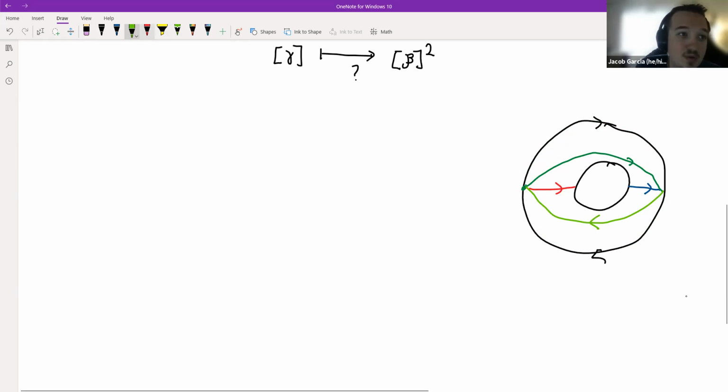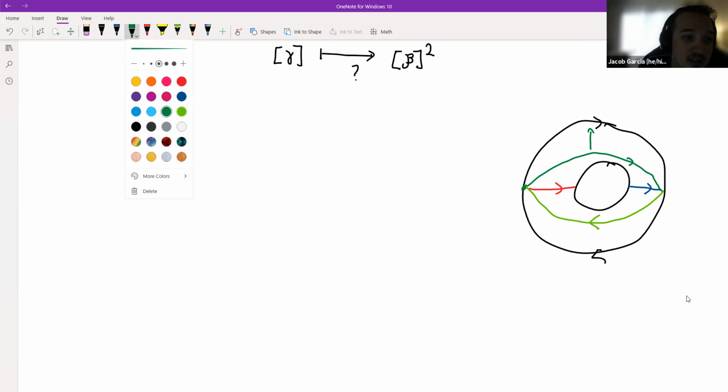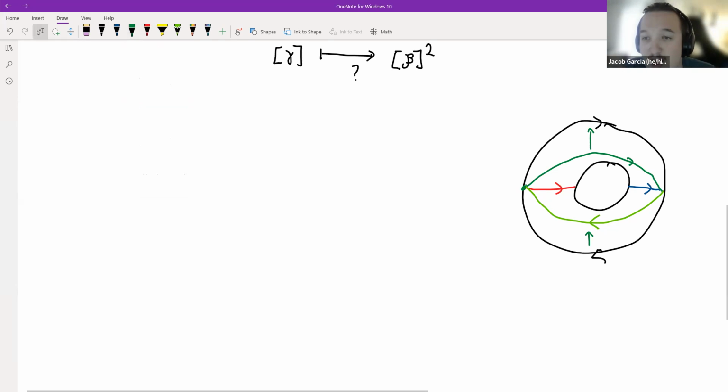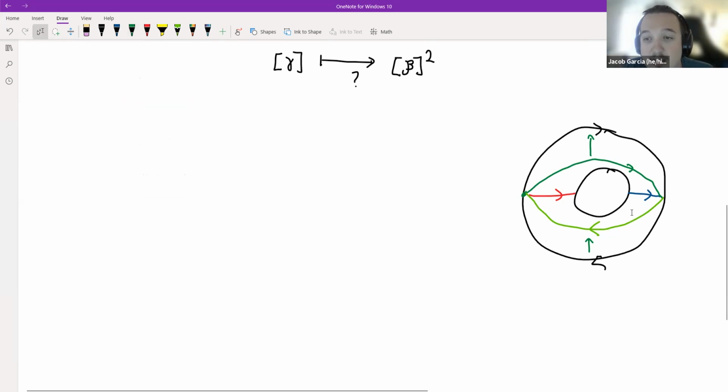So if I think about moving the dark green curve up this way, I can move it across the black edge by switching its orientation. So I get one copy of beta which goes clockwise around the top, and another copy of beta which goes clockwise around the bottom. Those are both copies of the same curve beta.